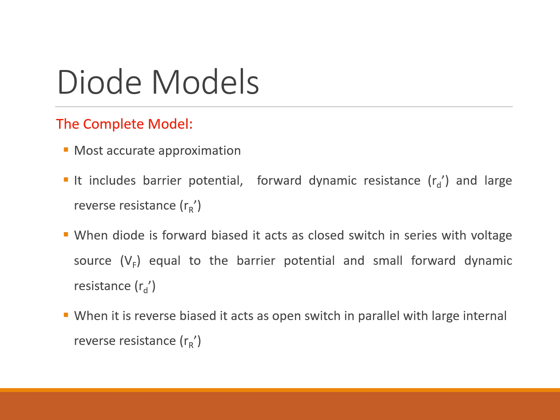So why use this complete model? It's the most accurate approximation of real diode behavior, and engineers use it when modeling fast switching or small signal diodes, when accounting for power loss, and when simulating exact behavior in analog circuits. A quick recap for this slide: barrier voltage, forward resistance, and reverse resistance all have to be considered. Forward bias voltage is now equal to the forward bias voltage plus R times current, right?